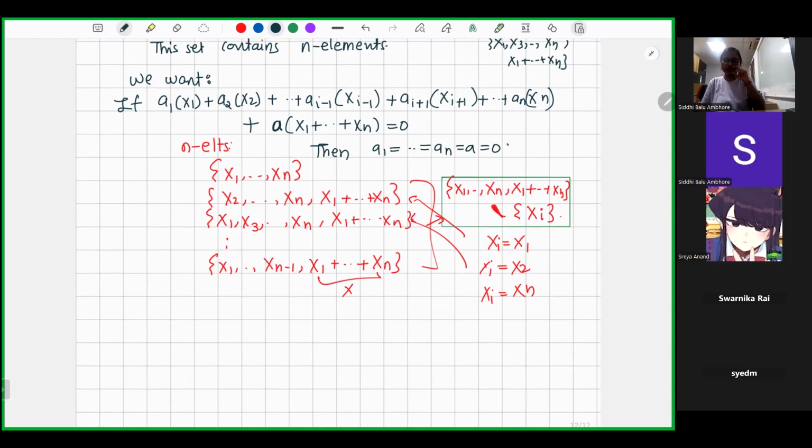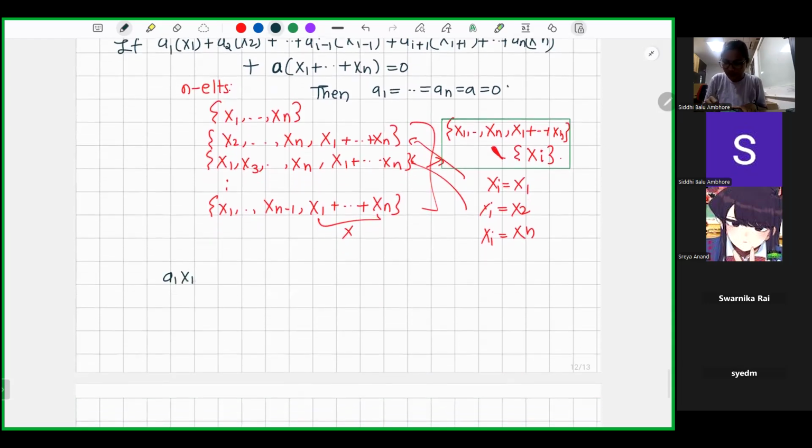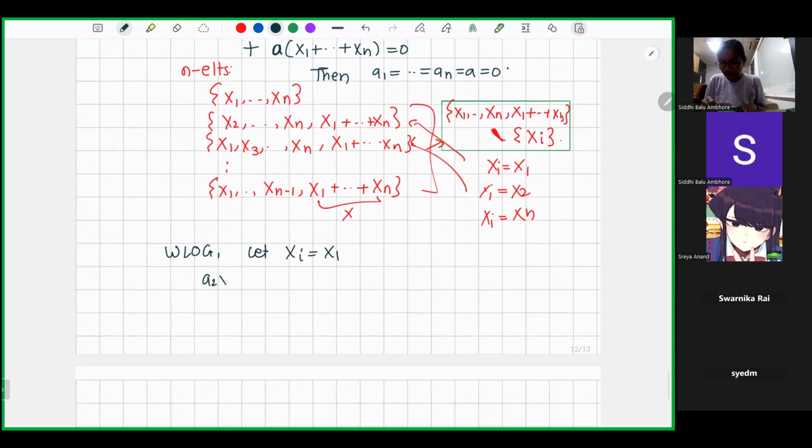And how to do this? Note that if I combine this, without loss of generality, let xi be x1, and we will talk about a2x2 up to anxn plus a times the sum. I will also write the general statement later on.